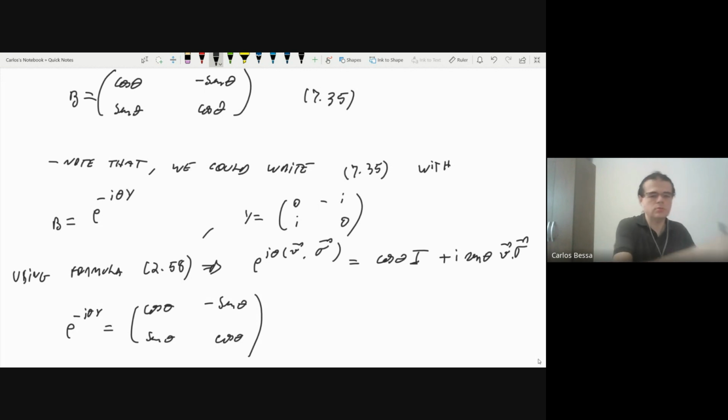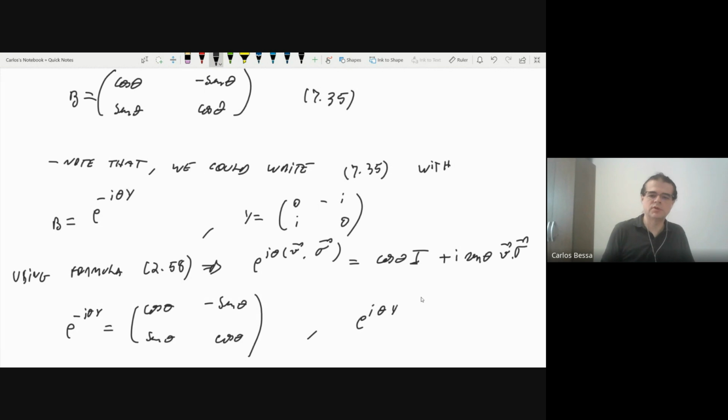But here, I think in the Nielsen-Chuang book, it's not in the Hatton, they put a positive sign here. But I think this is wrong. You guys could check this. I checked, and to have this form here, it must be negative.